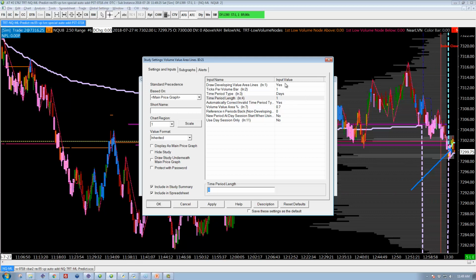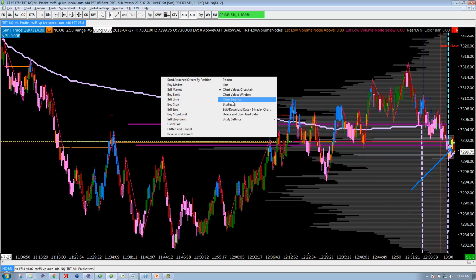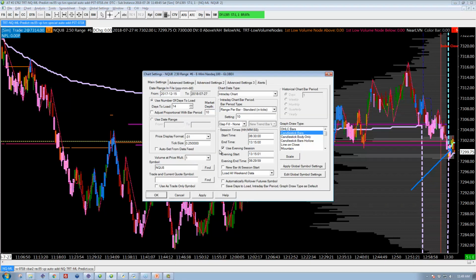This is going to use the chart settings, the times that are in the chart settings. So if those times are correct, then you'll get the right lines. 0.7 is the value area percentage. Okay, so when I say chart settings, what I mean is it's going to use these times. You must have use evening session checked.